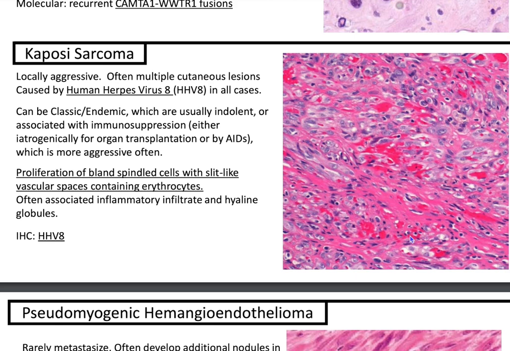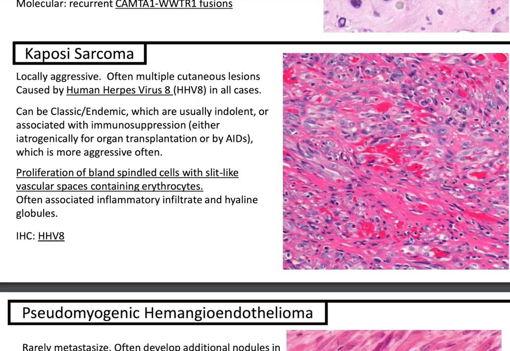Kaposi sarcoma. This is locally aggressive, often multiple cutaneous lesions caused by HHV8 in all cases. It can be classic or endemic, which are usually indolent, or associated with immunosuppression. Either you're immunosuppressed because of organ transplant or by HIV/AIDS. In that case, it's more aggressive.